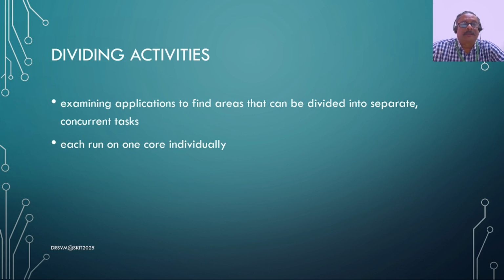So that's the first problem: the whole process has to be divided into multiple activities, and while doing it, make sure that the various activities don't depend on one another, so that we can run them concurrently using a multi-core system.